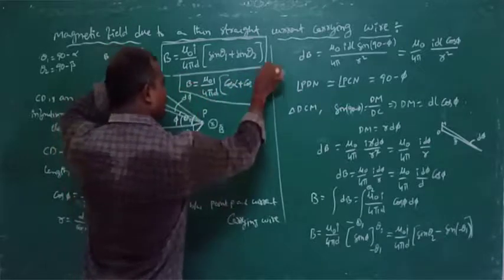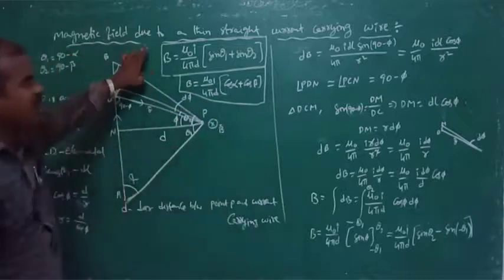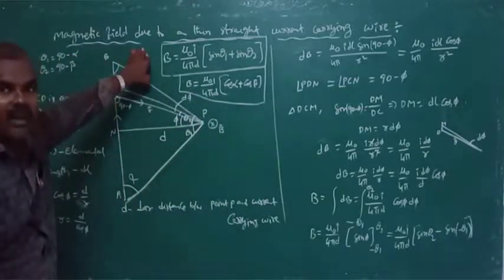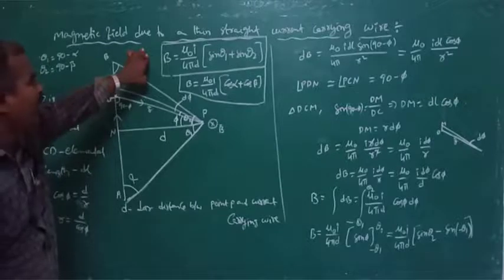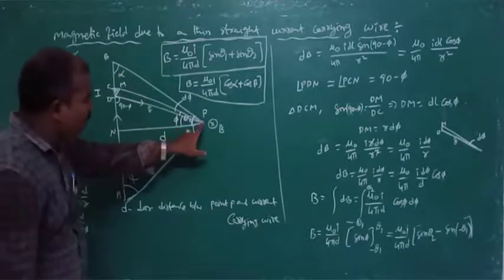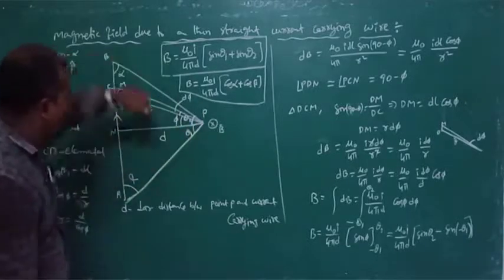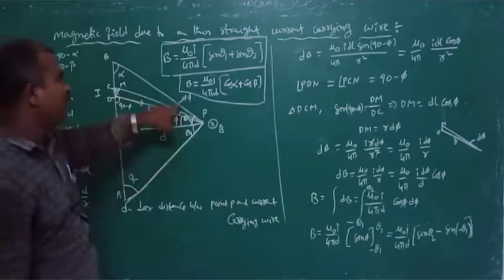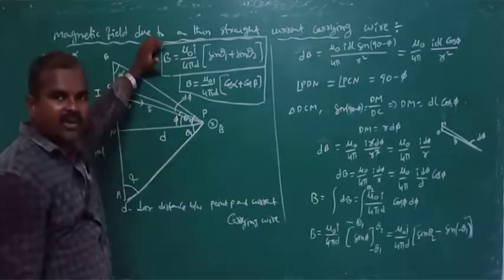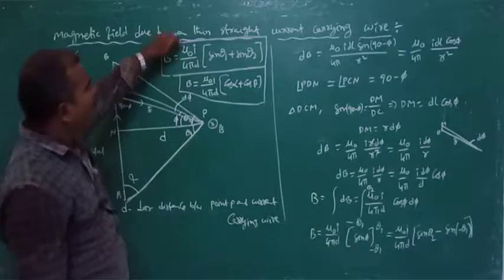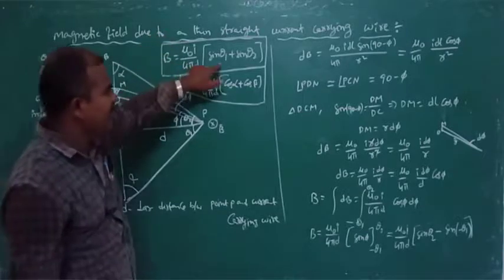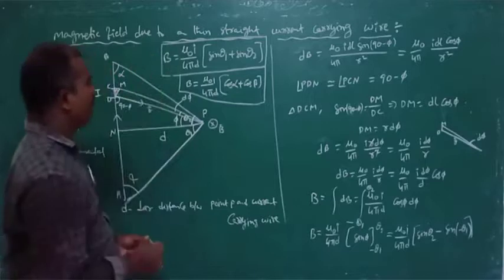See children, the magnetic field induction due to a thin straight current carrying wire is very important. With the angles theta 1 and theta 2 made at the ends of the wire, the magnetic field induction B is mu naught I by 4 pi d into sin theta 1 plus sin theta 2.